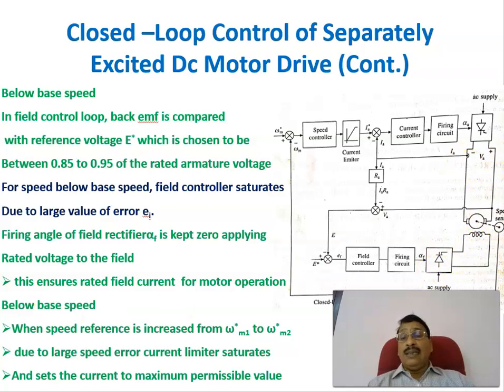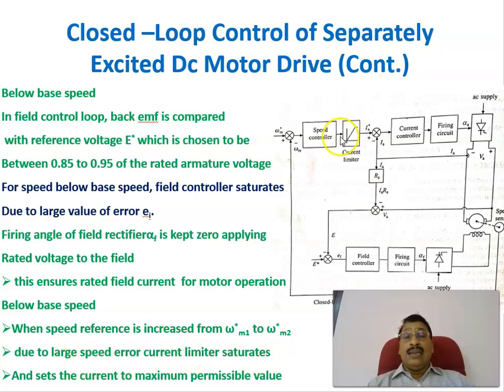When the speed reference is increased, as an example, the speed reference is omega m star and omega m is the actual speed. If omega m star is increased from omega m1 star to omega m2 star, due to the large speed error, the current limiter saturates.